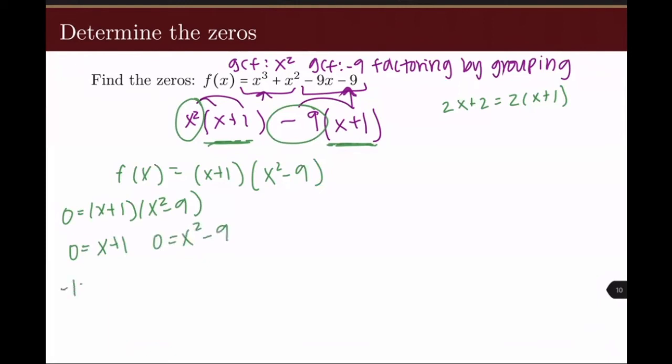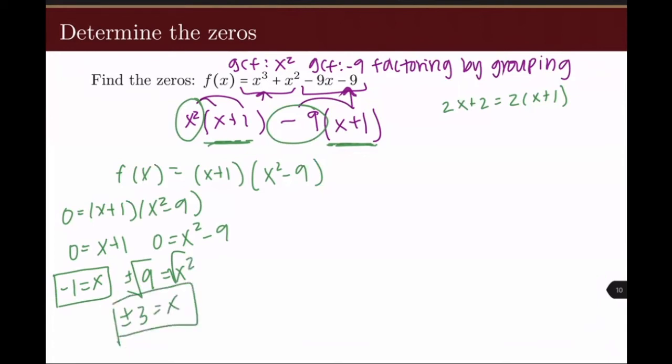So this is -1 is equal to x, and this is going to be 9 equals x squared, which then we take the square root, and we get plus or minus 3 equals x. So my zeros are going to be -3, -1, and 3.